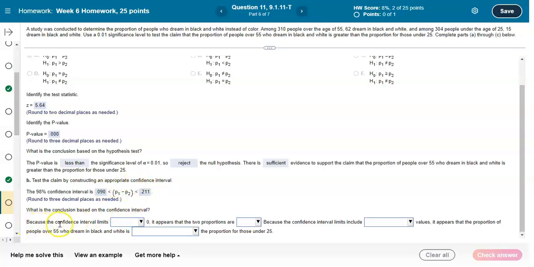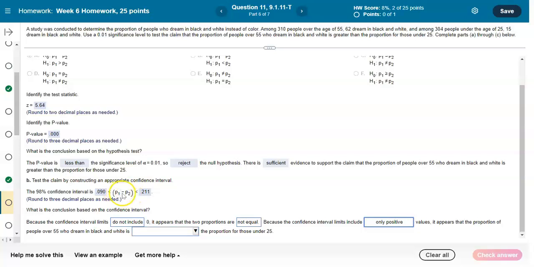So we would say here, because the confidence interval limits do not include 0, it appears that the two proportions are not equal. Because the confidence interval limits include only positive values, right? This number was positive and this number was positive. That means that the P1 was a bigger number than the P2, right?